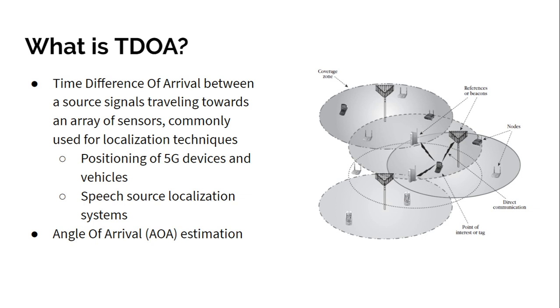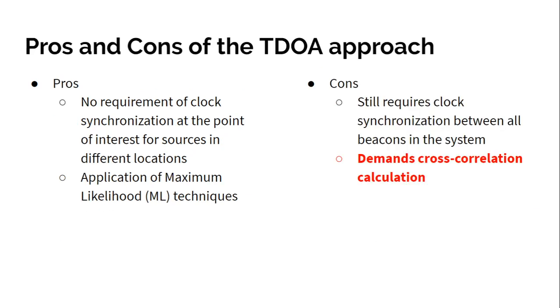Why is this entity so important? Because beginning from the time difference of arrival, we can actually estimate the angle of arrival from some signal, right? There are some positive and negative aspects about TDOA. So one of the things is that we don't have to synchronize the clocks between the sensors and the source.